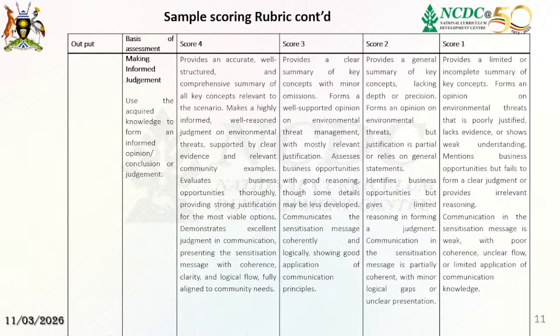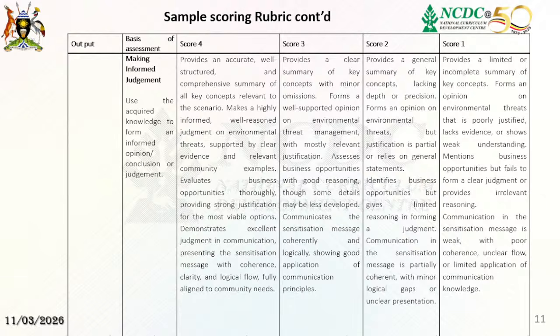Then after, we identify the various indicators of mastery as far as the task is concerned. Then we shall scale out our scale of 4, 3, 2, 1. Then we shall start on the awarding of scores to our learners.